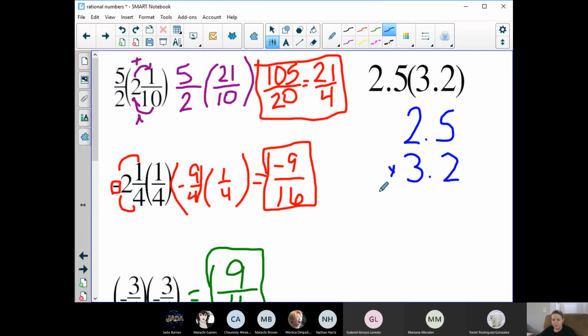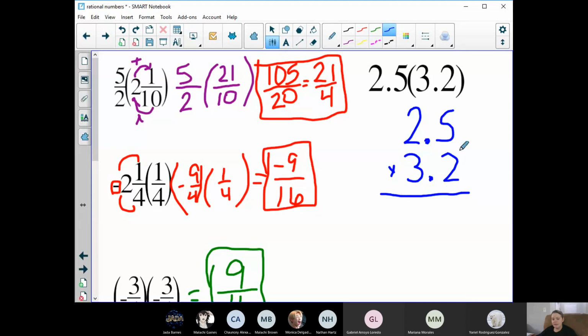Okay, so we know we're multiplying. And the first thing I'm going to do is ignore this decimal point for now. Okay, we're going to worry about that when we get to the answer. So I'm going to start out by multiplying 2 times 25.